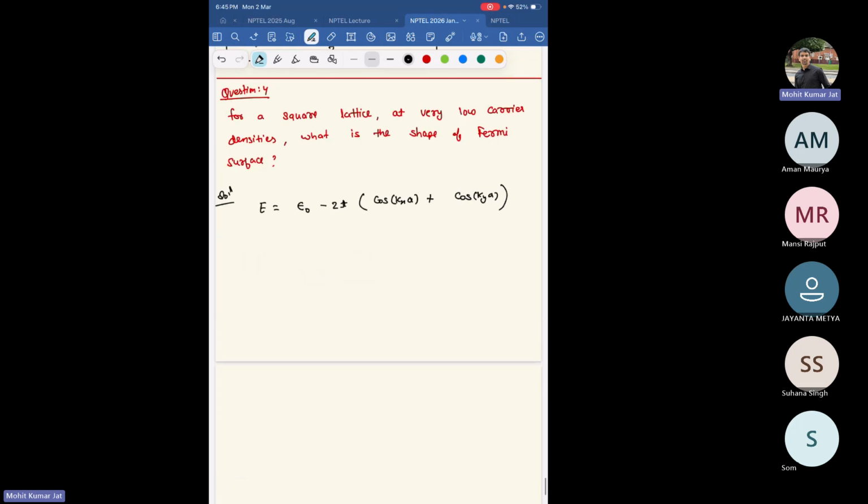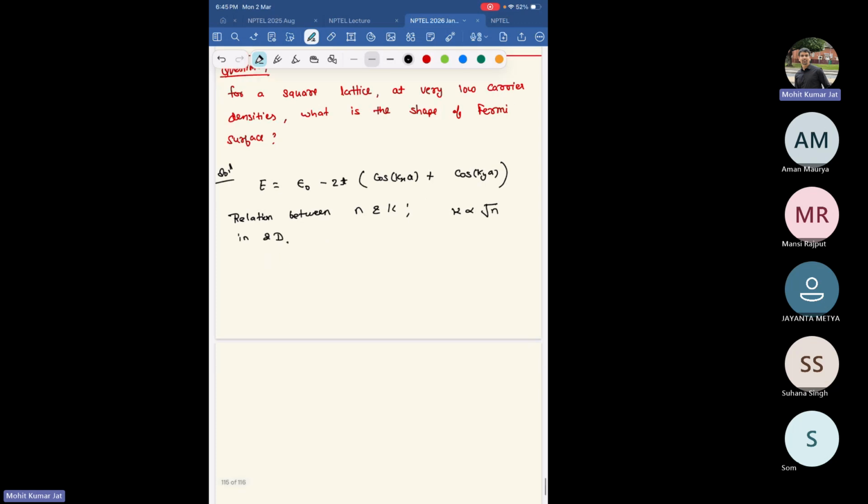Let's revise the relation between n and k. k is proportional to the square root of n in two dimensions.